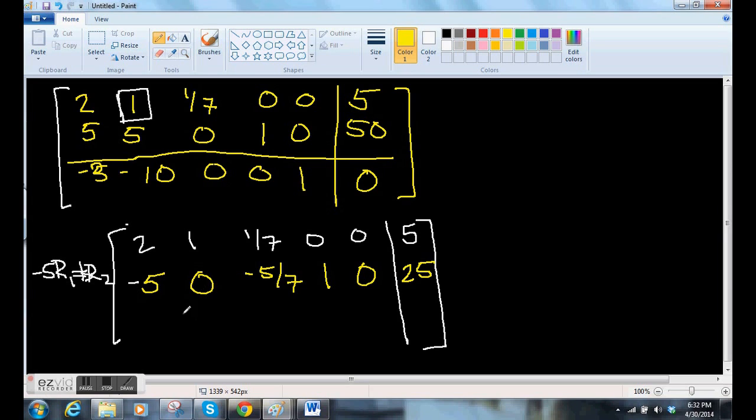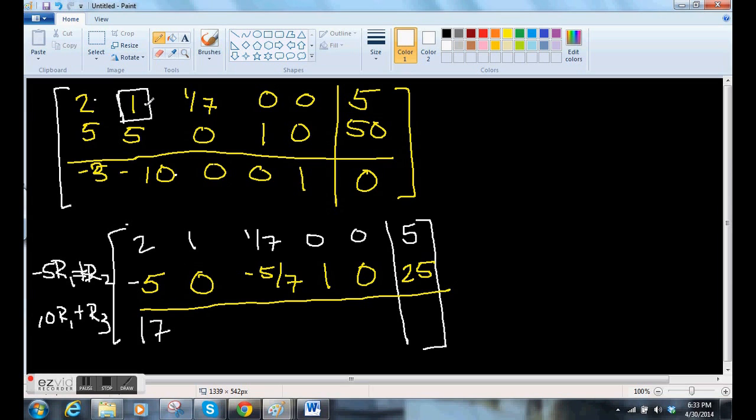Now I want a 0 in my final row also. So I have a 10 here, so I'm going to take 10 times row 1 and add it to row 3. 2 times 10 is 20. 20 plus -3 is 17.